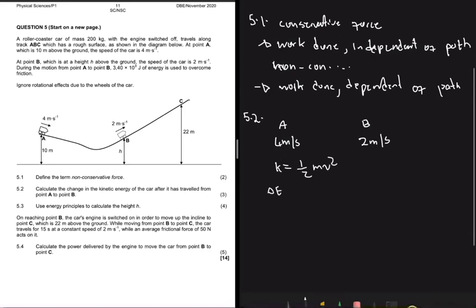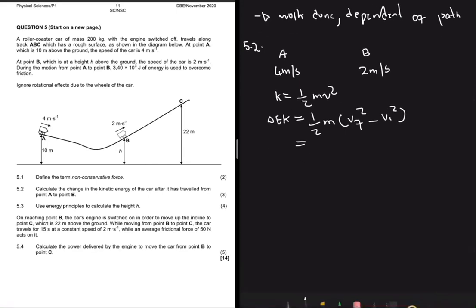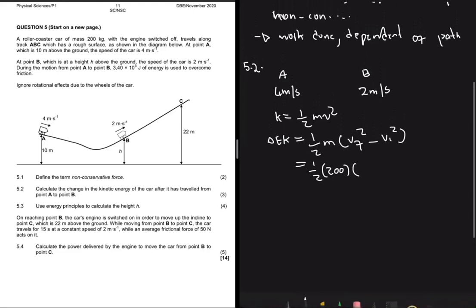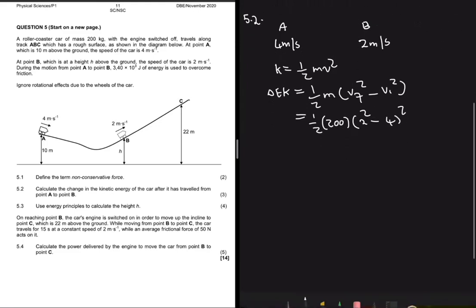The change in kinetic energy, which is what we're interested in, is given by 1 over 2 m, velocity final squared minus velocity initial squared. The mass is given as 200 kg, so we're going to have 1 over 2 multiplied by 200. Vf is 2 meters per second, so we're going to have 2 squared subtracted by 4 squared.